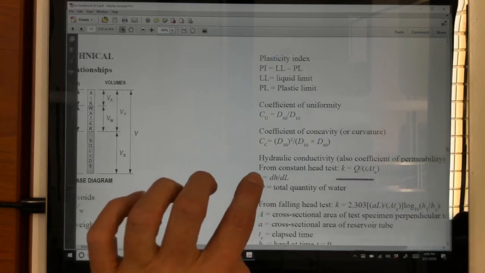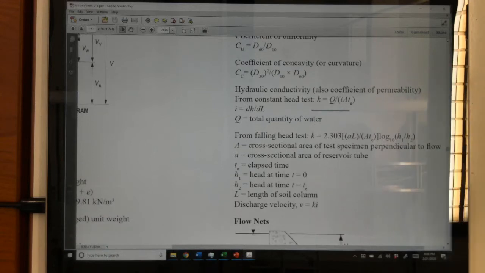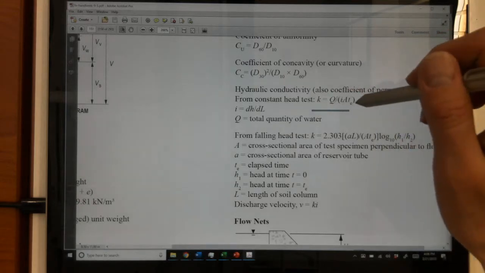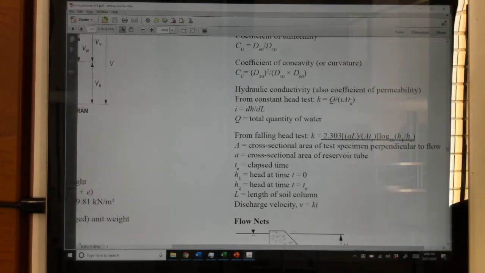The next piece moves into permeability or hydraulic conductivity. We would have seen both of these. These are the permeabilities from a constant head test or a falling head test. And in these cases, I think they'd have to give you basically all of the things.